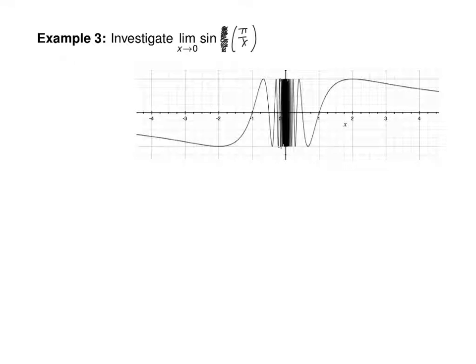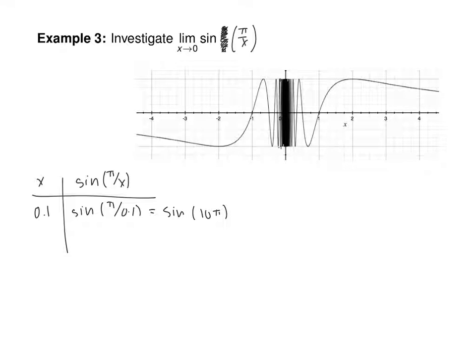Okay, so let's do a couple. So x is going to 0. Let's pick x equal to 0.1, for example. So if I do pi divided by 0.1, that's the same thing as 10 pi. Does that make sense? Do you buy that? Okay.